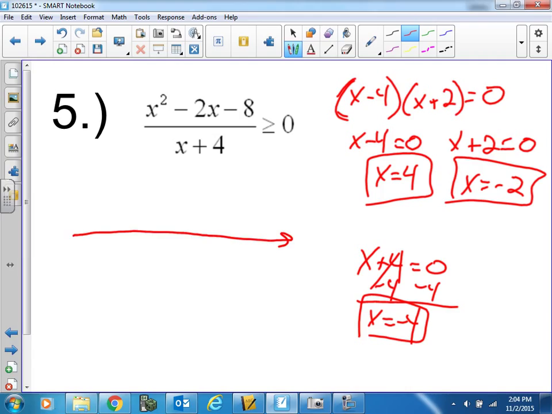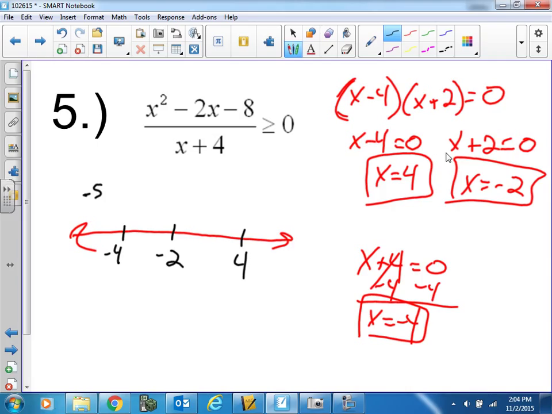So as I draw it, we have negative 2, negative 4. So from left to right, we have negative 4, we have negative 2, and we have 4. All right, so we have intervals we need to check. So let's check negative 5 in here. In between negative 4 and negative 2, well, not many choices.